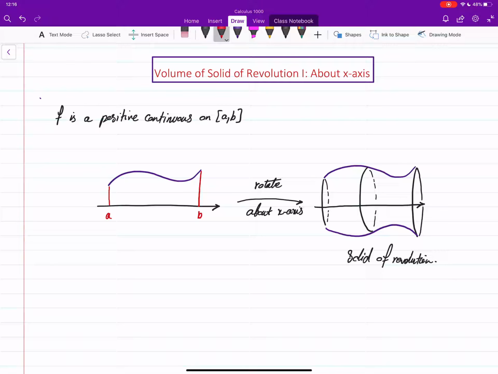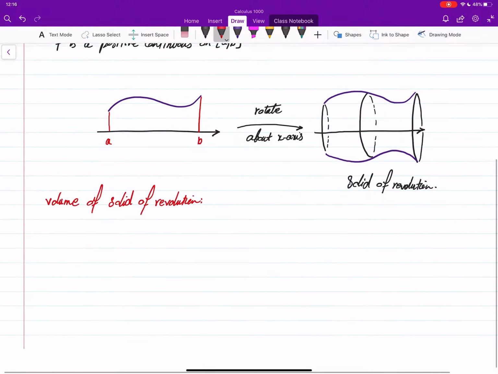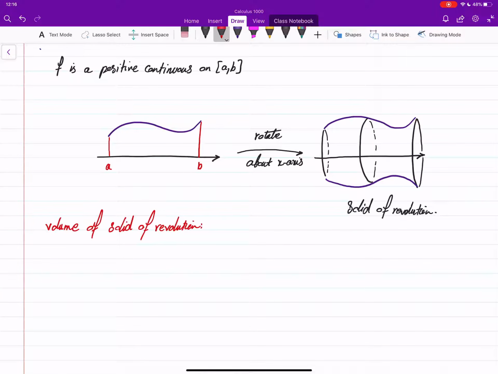How to find the volume of such a solid? Well, the trick that we use for the area, we can use it here again, but this time instead of having rectangles, we can make small discs out of this object.